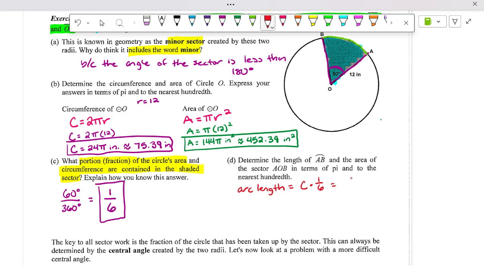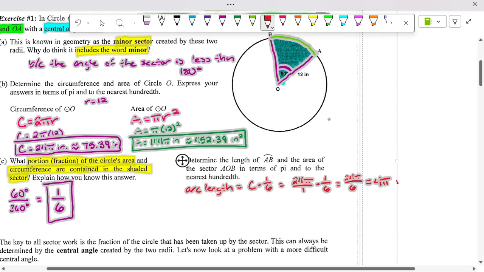So that'll be equal to 24 pi over 1 times 1/6. What's 24 pi times 1? 24 pi. What's 1 times 6? 6. If I simplify this fraction, what's 24 pi over 6 simplified down to? 4 pi. So the arc length is 4 pi inches.